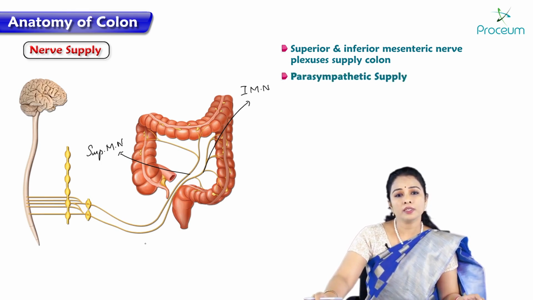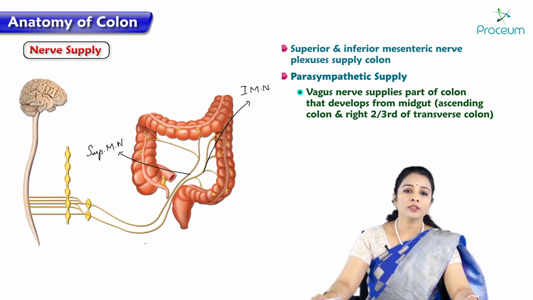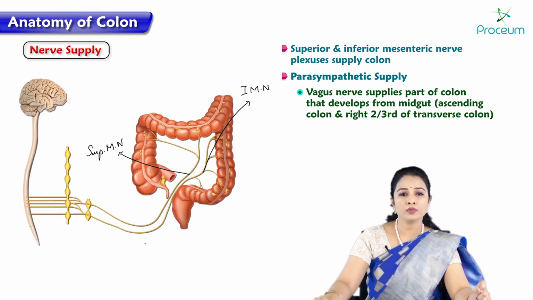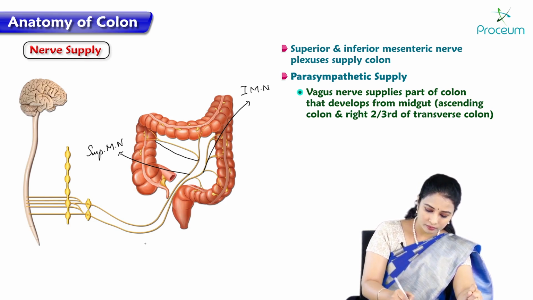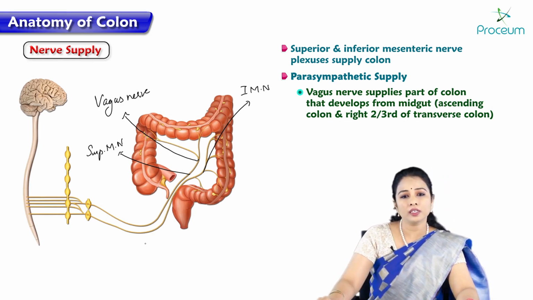Parasympathetic supply: the vagus supplies the part of the colon that develops from the midgut, that is the ascending colon and the right 2/3 of the transverse colon. Till here, the vagus nerve, that is the 10th cranial nerve.